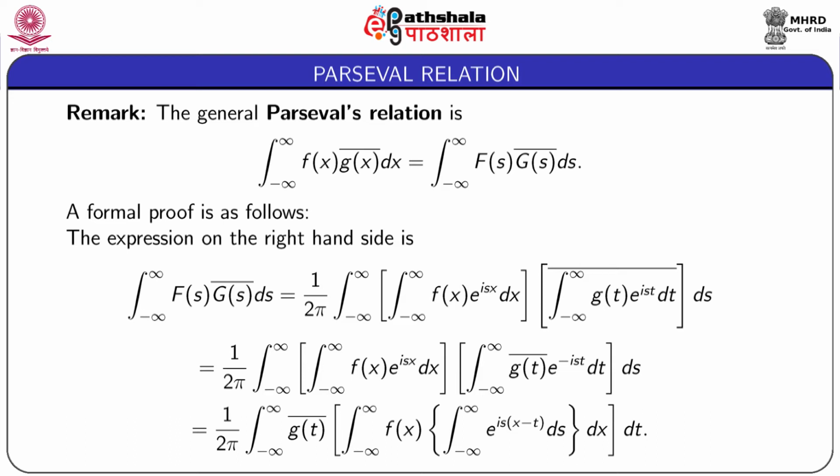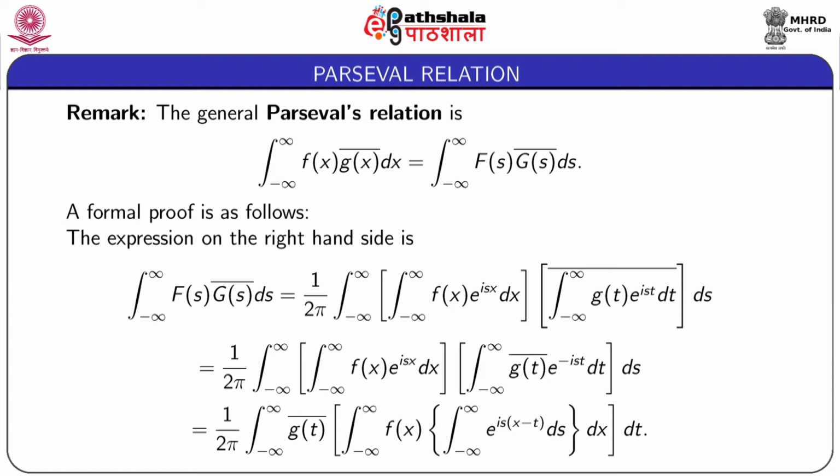we can write this as 1 by 2 pi integral minus infinity to plus infinity of integral minus infinity to plus infinity f(x) e to the power isx dx into integral from minus infinity to plus infinity g bar(t) e to the power minus ist dt, ds.